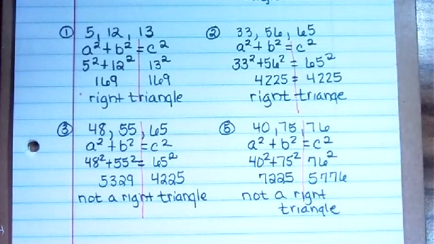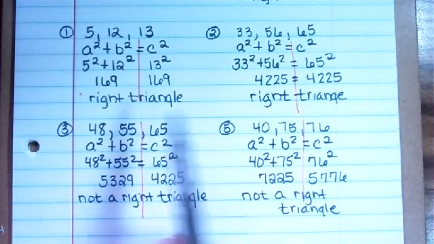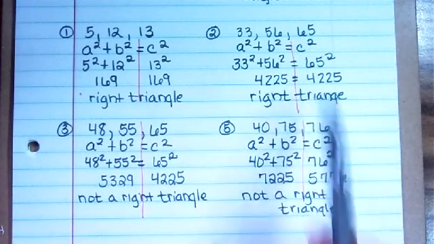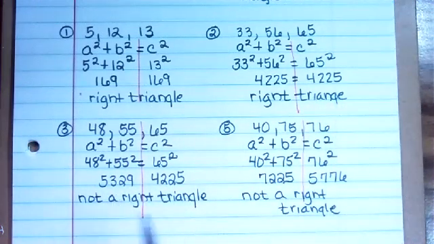You're going to simplify the right side to an answer. Use order of operations if you need to, but I just use a calculator. Once you get those 2 answers, compare them. Are they the same? If they are, then you have a right triangle. If they are different on both sides, then we know they're not a right triangle.